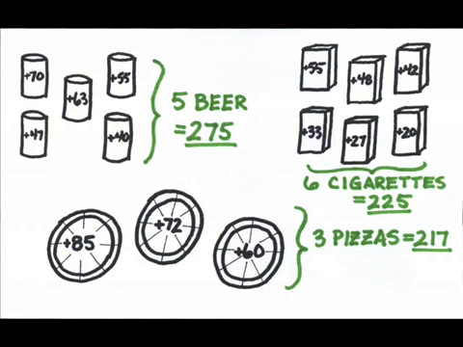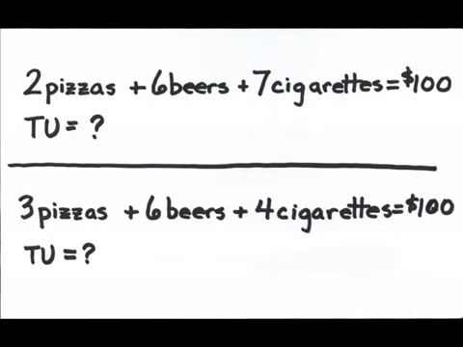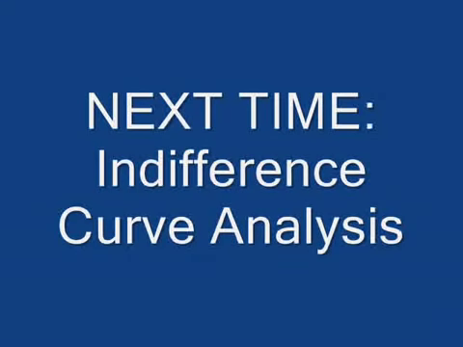This consumer has achieved consumer equilibrium, where the marginal utility per last dollar spent for each good is equal. No other combination gives greater utility. Just to prove this to yourself, you could spend your $100 in either of the following ways, but what would your total utility be? Next time, indifference curves.